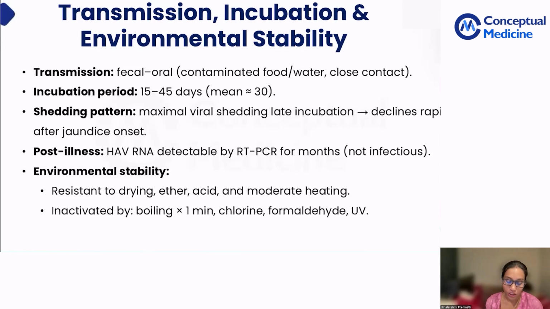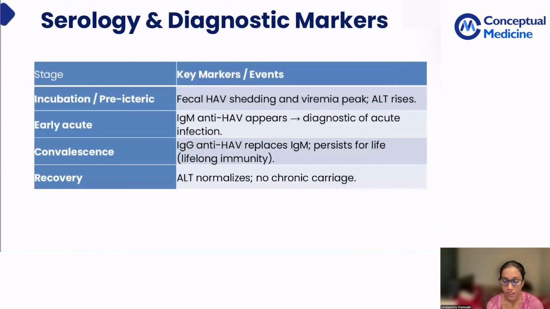Chlorination also works, for other water bodies externally, as do formaldehyde or UV radiation. There is no chronicity, no carrier state, and no cirrhosis. Remember that. In the late incubation or pre-icteric phase, fecal HAV shedding and peak viremia happen.